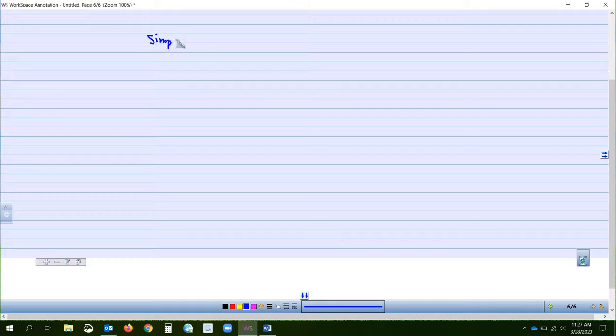Simplify: negative 4x to the third minus 7x squared plus 2x minus 3, minus 5x to the third minus 9x squared plus 3x minus 12. Okay, so instead of having 3 terms in my polynomial this time, I have 4 terms.